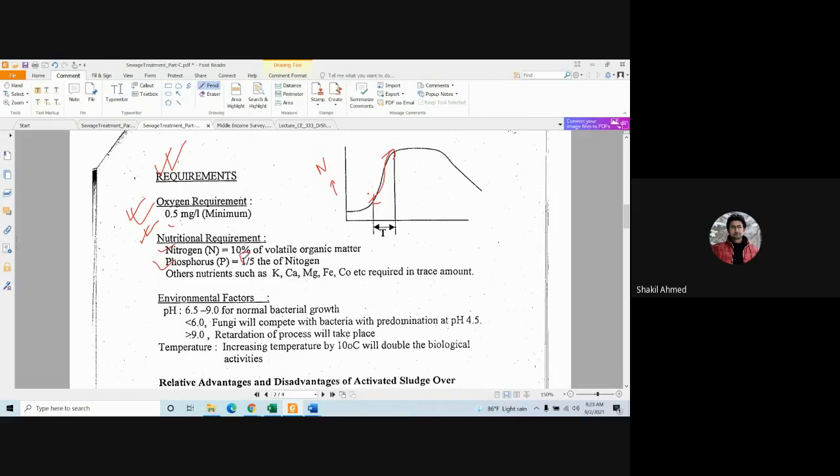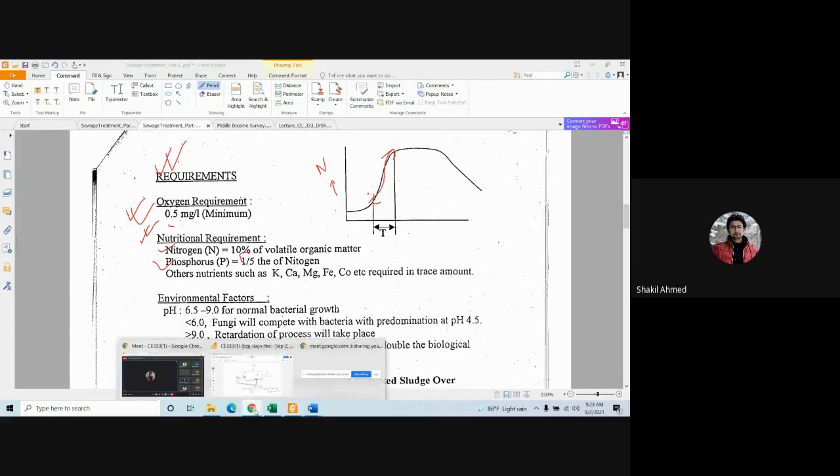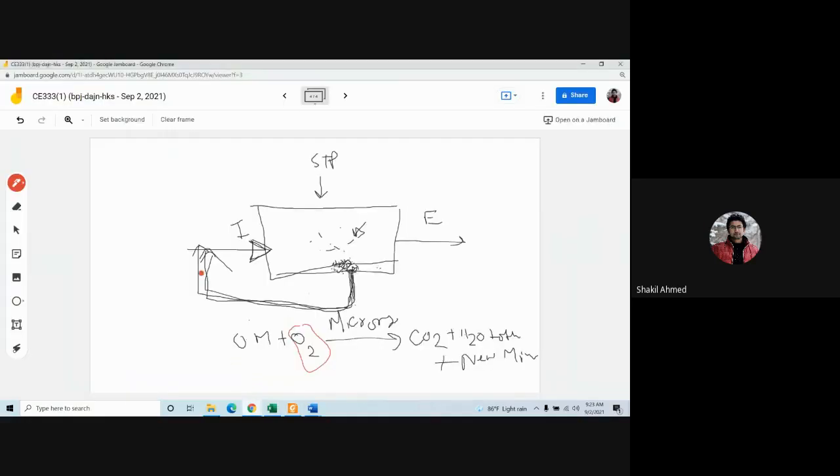Guys, nitrogen, phosphorus, the food that we discharge in the sewage, organic matter, right? This organic matter is what? Carbon chain, long chain, right? And they have also nitrogen. They might have phosphorus. Nitrogen is very common.